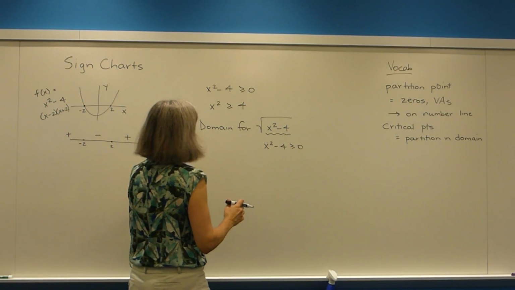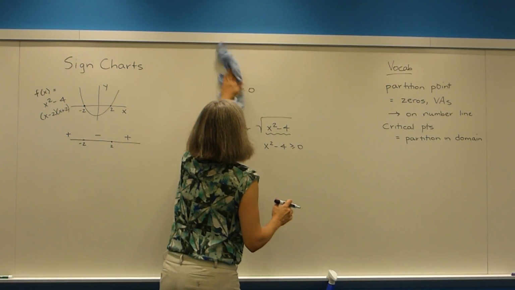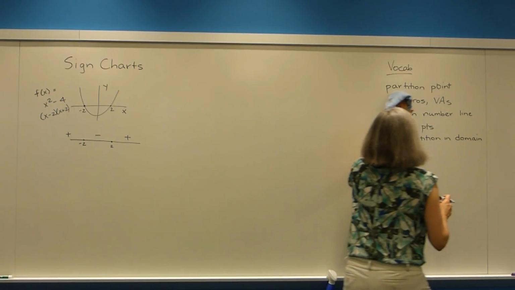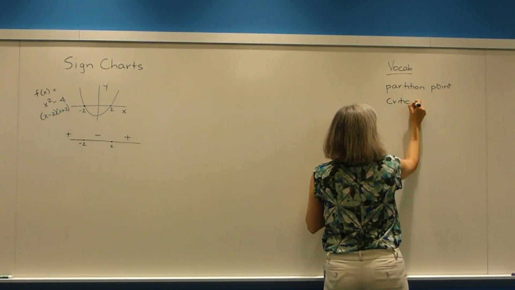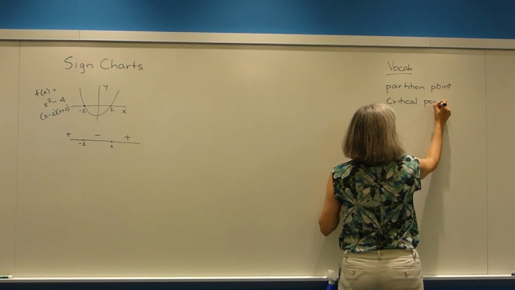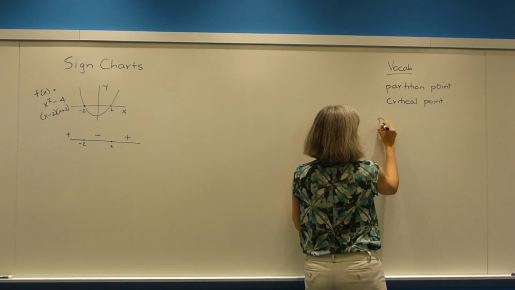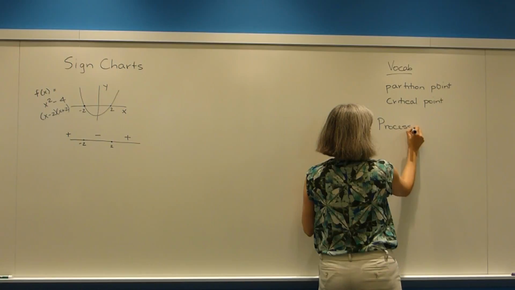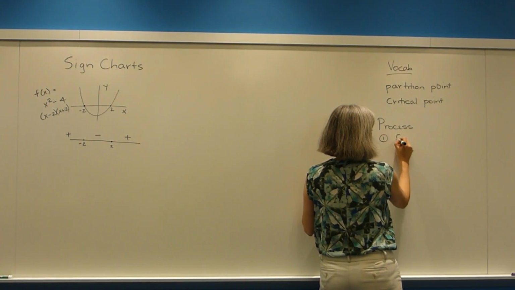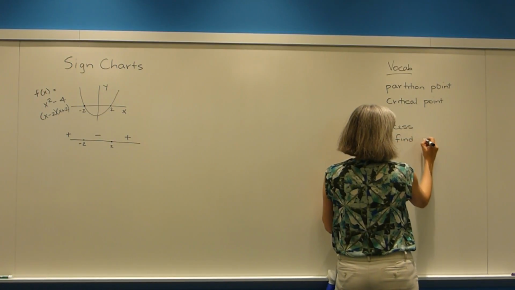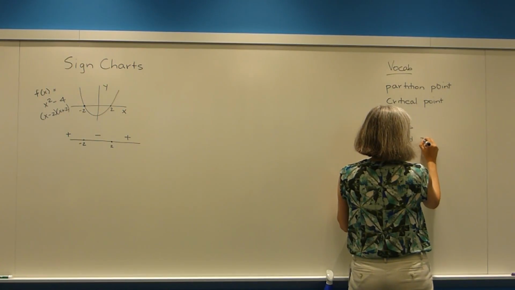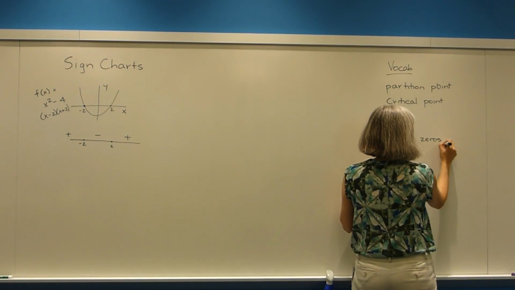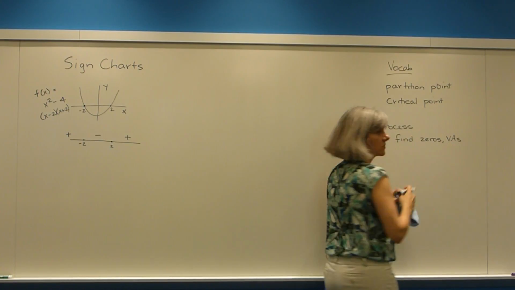Let me write out the process. I'm going to leave these up here. And so here's our process for doing a sign chart. First step is to find everywhere that the numerator and the denominator are equal to 0. So find zeros and vertical asymptotes.